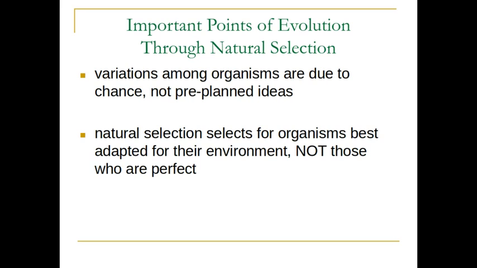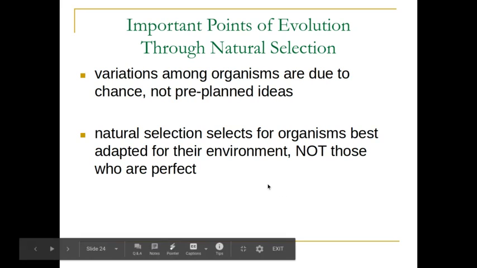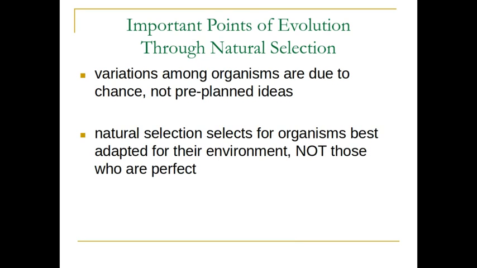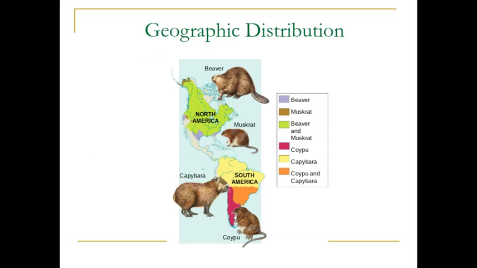You won the lottery. Natural selection selects for organisms that are best adapted for their environment. So if the environment changes, though, that means the selected traits might change, and that forces evolution to proceed faster.